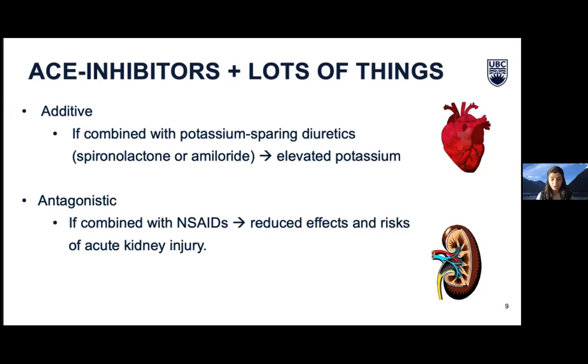Potassium-sparing diuretics are another type of medication that can be used in hypertension and cardiac disease, and this includes medications such as spironolactone or amiloride. But essentially both of these medications can potentially elevate potassium on their own, and if you combine the two, now you can start to get really, really high potassium.